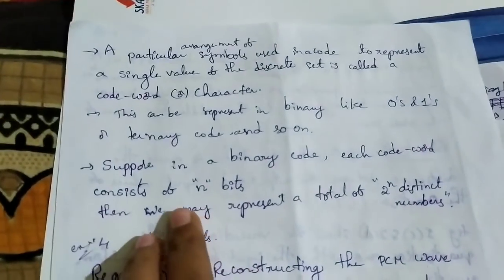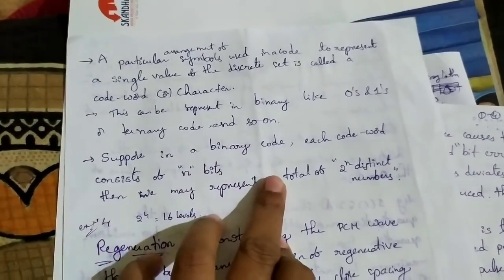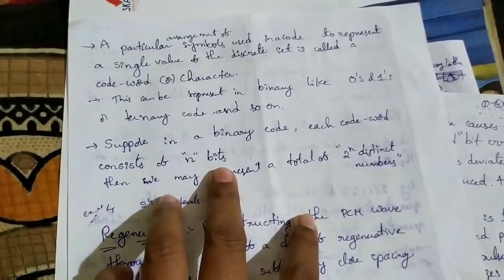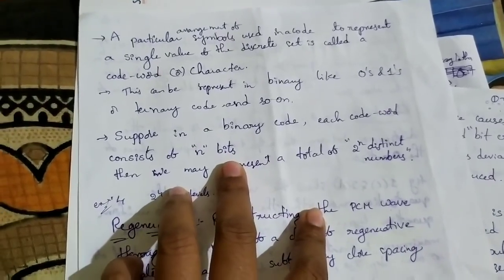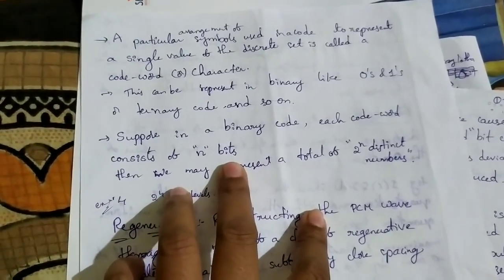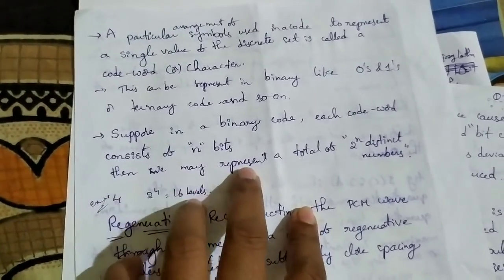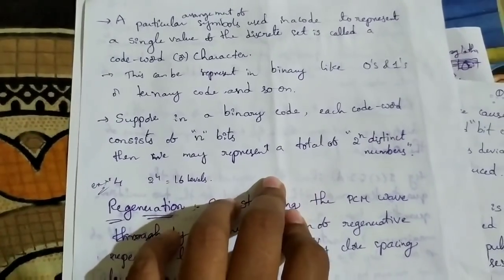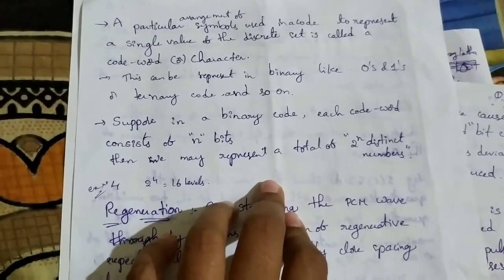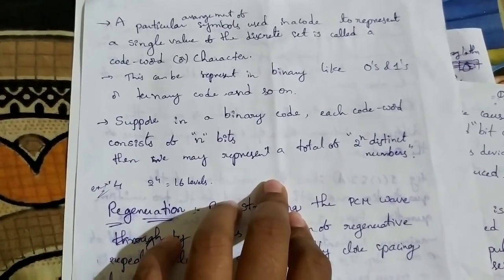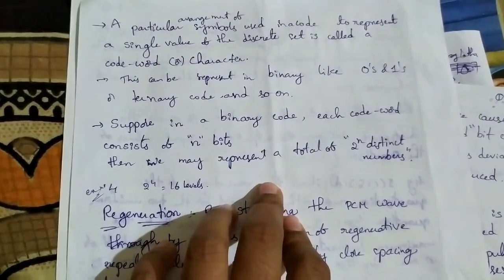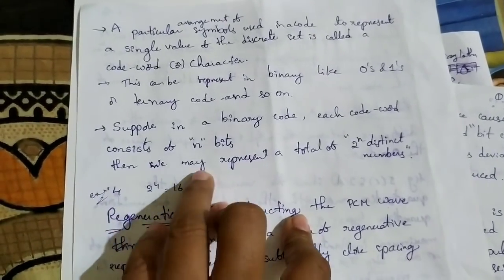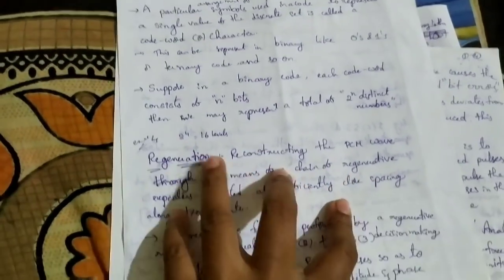Suppose in a binary code each code word consists of n bits, that means 2, 3 like that. Then we can represent a total of 2 power n distinct numbers. If the code word consists of 3 bits, we can represent 2 power 3, that means 8 distinct numbers. For 4 bits, 2 power 4 means 16 levels we can have.